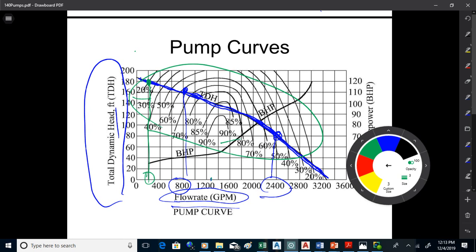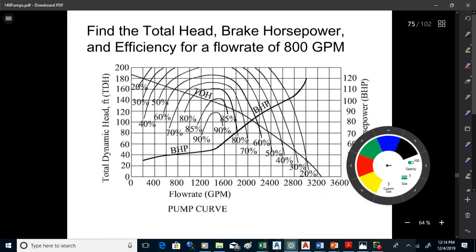Remember, the brake horsepower comes out of the motor and it goes to the pump. So this is that horsepower that comes into the pump. So this is what the pump's going to consume. It's also how you would size the motor, okay? Because you size a motor on what it puts out, what comes out of the motor. All right. So those are the common information you've got on a pump curve.